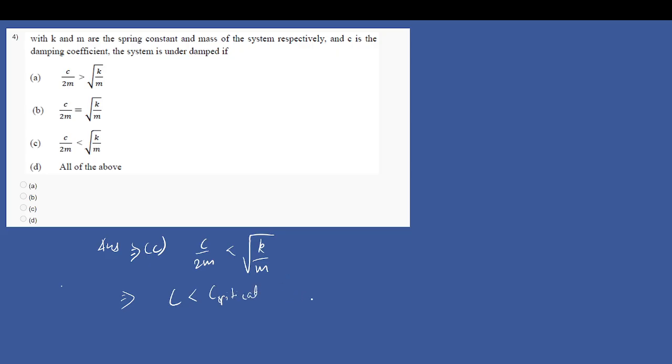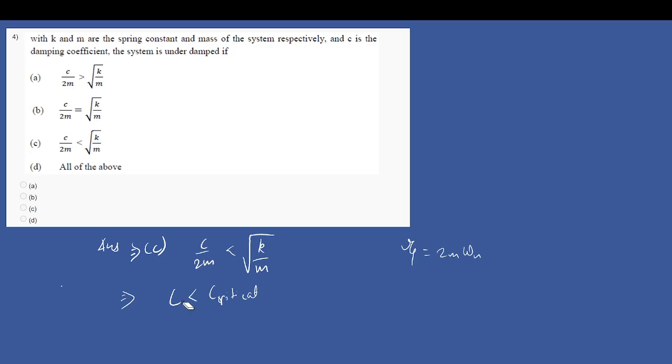And how do you define the C critical? So omega n square. So xi is basically given by 2m omega n square. 2m omega n.